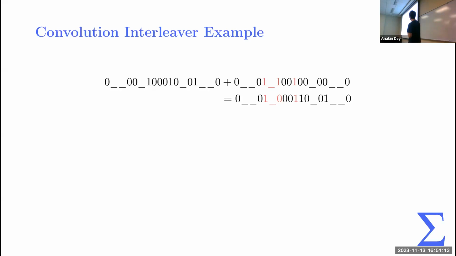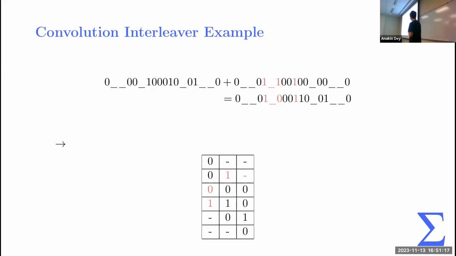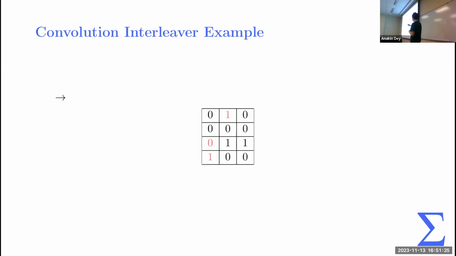We introduce some error, and we get a new message to decode. So then we take our message to decode and write it in row major order. Once again, we shift the left side down by 2, shift the middle down by 1, and then we get a new row major order.